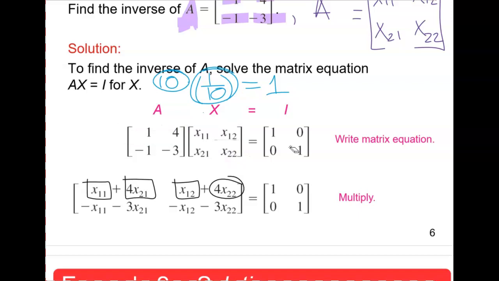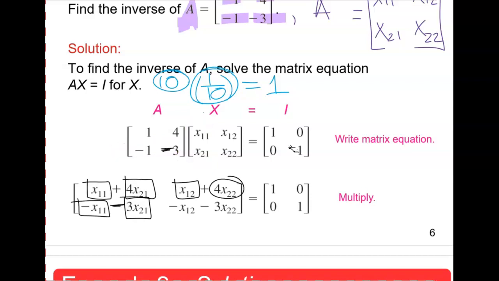Now we move on to second row, first column, and that will be negative 1 times x11, so it's negative x11. And then plus negative 3 times x21. Because it's a negative 3, we have a minus here, and then 3 times the variable.